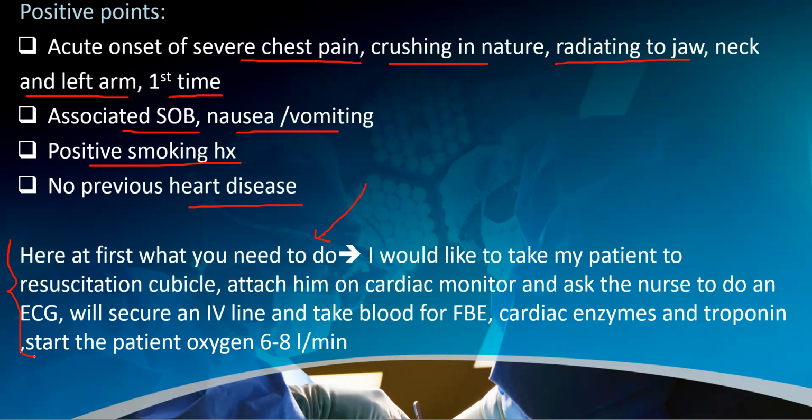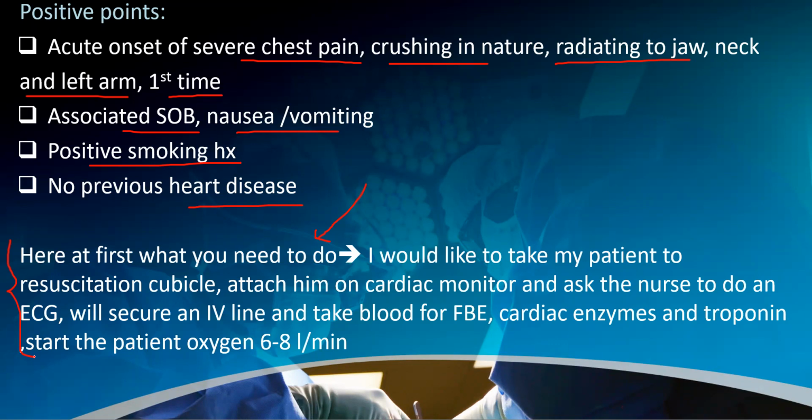You would say, dear invigilator, as my patient is having severe chest pain, and also he is a 54-year-old gentleman, I would like to take my patient to the resuscitation cubicle, attach him to a cardiac monitor, ask the nurse to do an immediate ECG, and followed by I will secure an IV line, take the blood for cardiac enzymes, especially troponin, and if oxygen saturation is low, I will start oxygen.